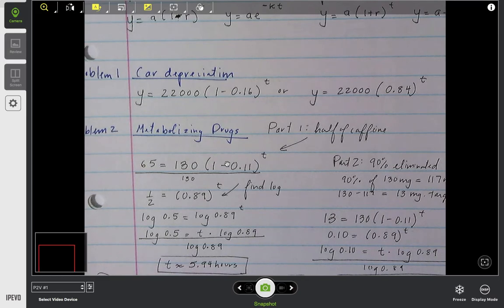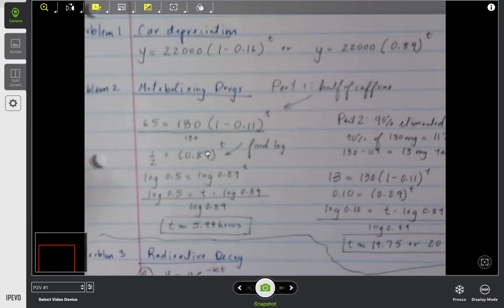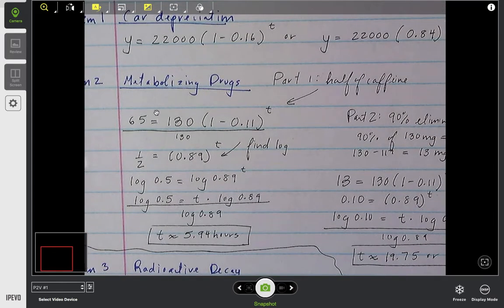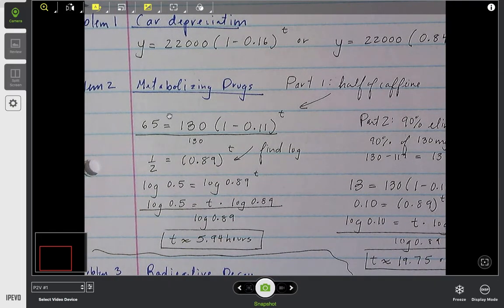So here's the first phase where I've used the formula and I'm interested in how long it takes for half of the caffeine to be eliminated. So half, the outcome that I'm looking for, half of 130 is 65 milligrams of caffeine. The starting amount is 130, and I'm subtracting 11% from that 100%.